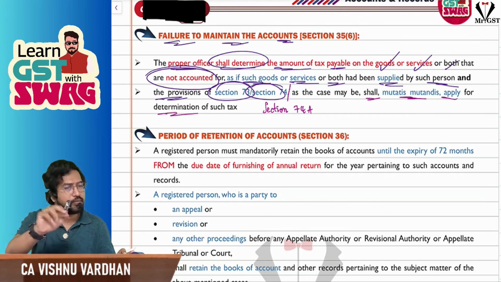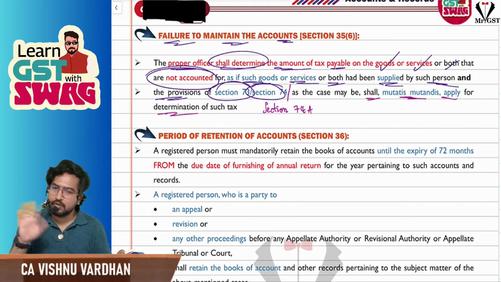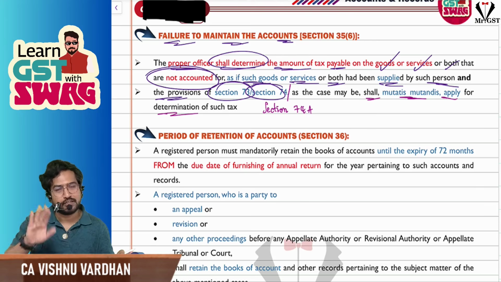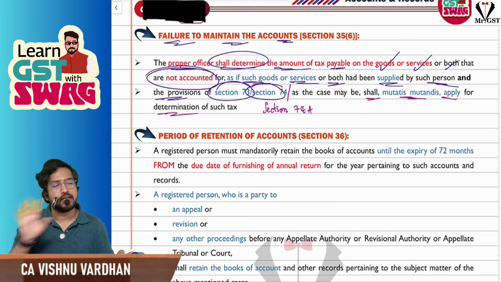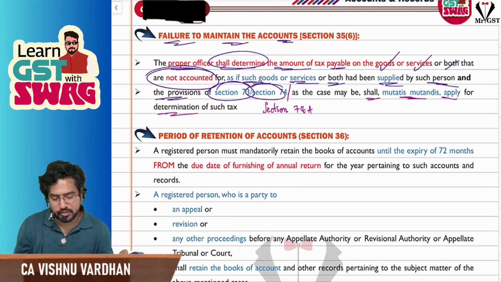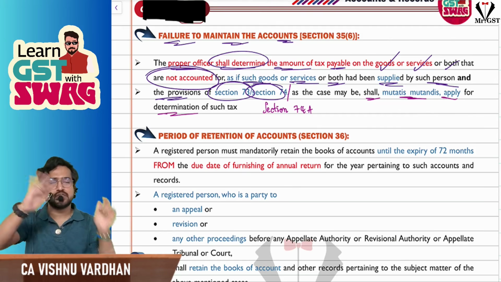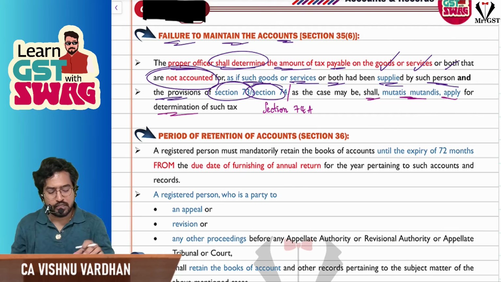Now both have been combined into one section, 74A. So 74A will talk about willful evasion or fraud as well as not willful or not fraudulent activities. So that way, if you don't maintain the accounts, those sections will be invoked and they will recover the tax. Shall we move on, ma?